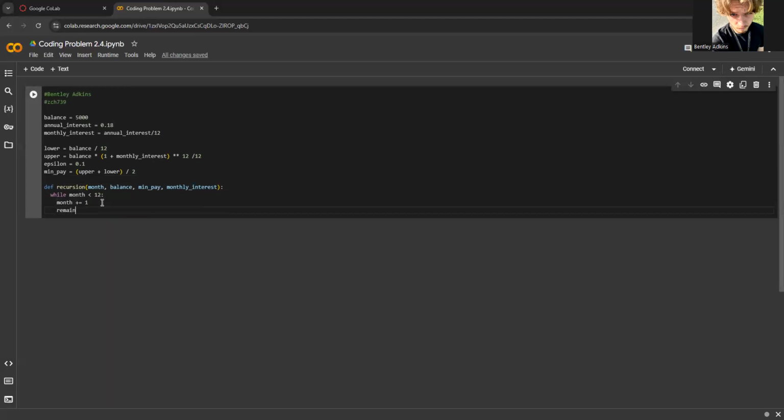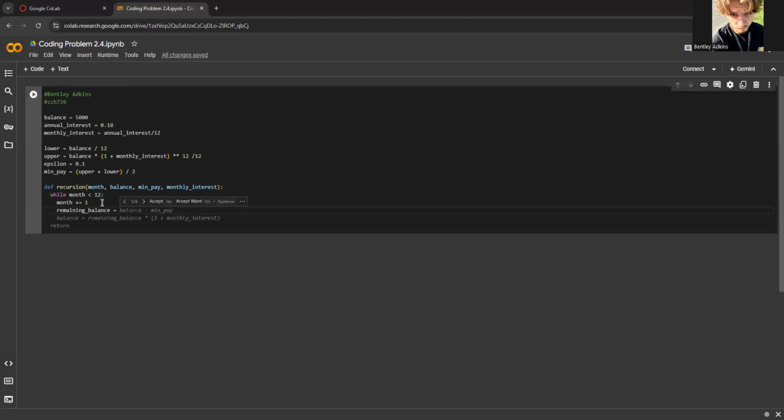And we're going to take the remaining balance and set that equal to the balance minus the minimum payment. So every time it occurs, it subtracts from the minimum payment that's due to the credit card.